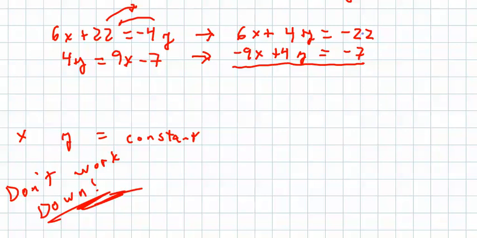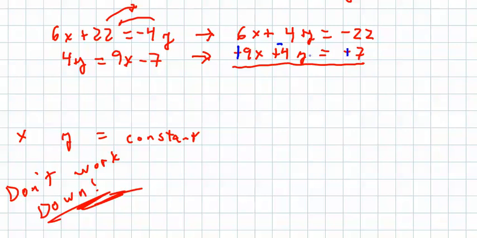Oftentimes, though, students mess up subtracting positives and negatives. My suggestion is to multiply everything here by -1, which makes this a positive, this a negative, and this a positive. It's up to you.